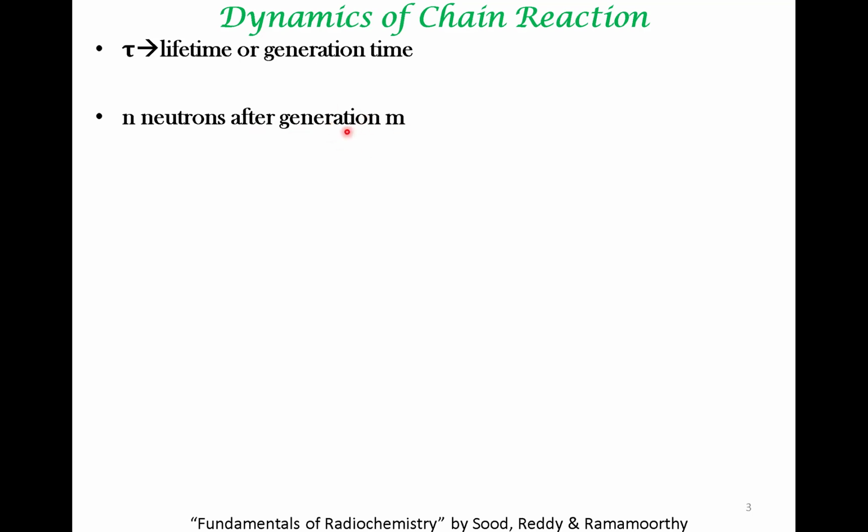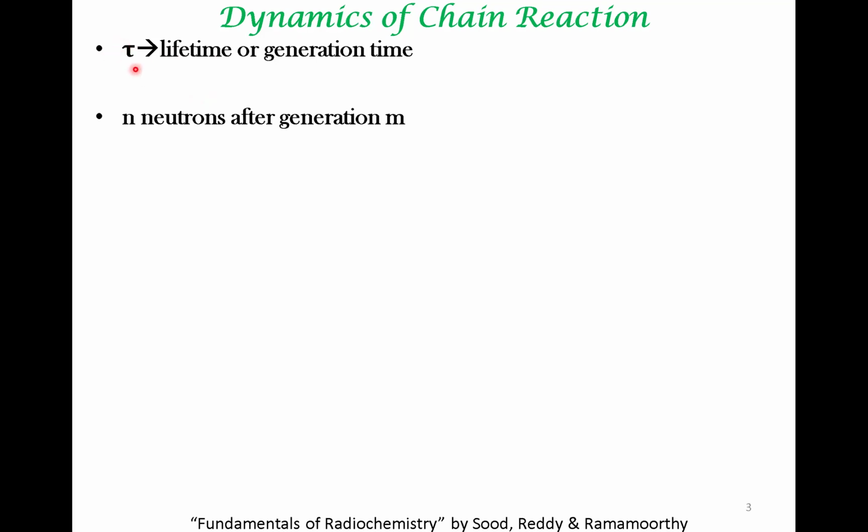So if you remember, when we had started our discussion on nuclear decay, when we defined the half-life, we had defined something like the first generation. And when another T half is done, we had the next generation and so on. In a way, the concept of generation time is related to that. But when you consider the process in a nuclear reactor, this definition of tau becomes more complicated.